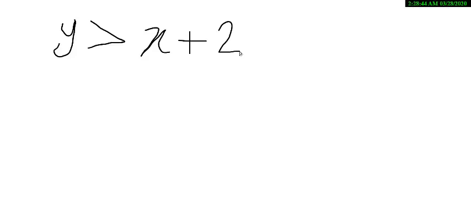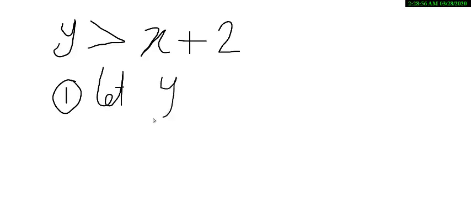How to do this? The first procedure is to consider the inequality as a linear equation. So the first procedure would be: let y equal x plus 2. Why do we consider y equal x plus 2?